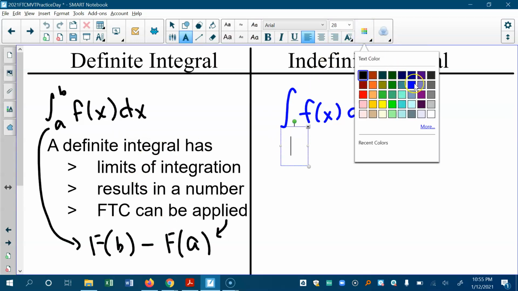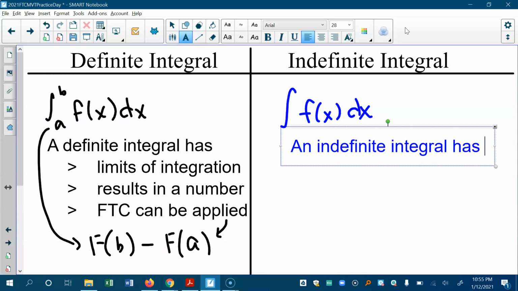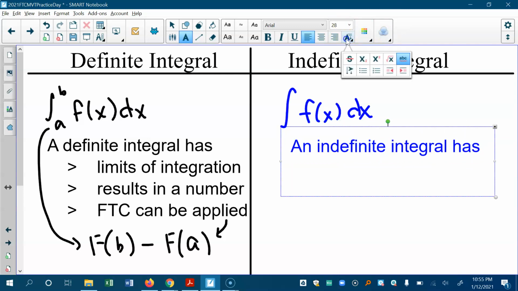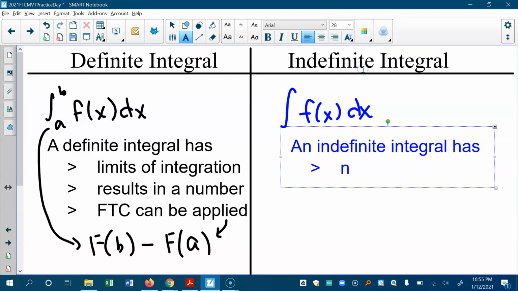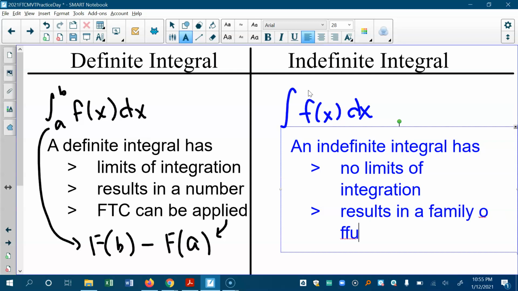For an indefinite integral: an indefinite integral has no limits of integration. It results in a family of functions with that plus c, or in my class we say plus communism, and FTC cannot be applied.